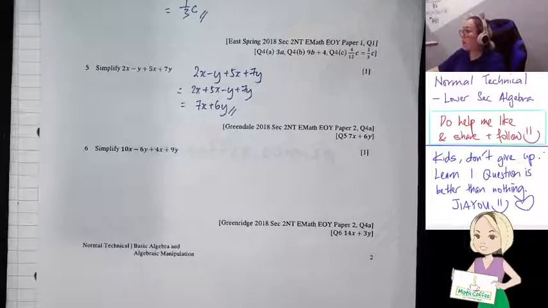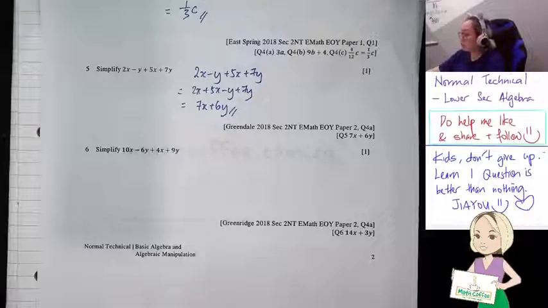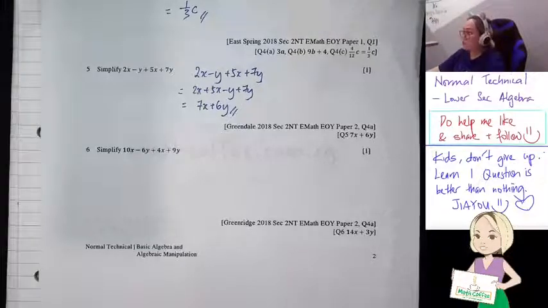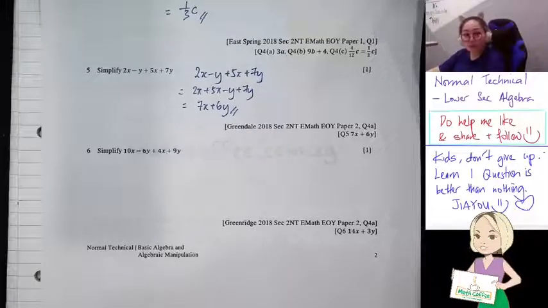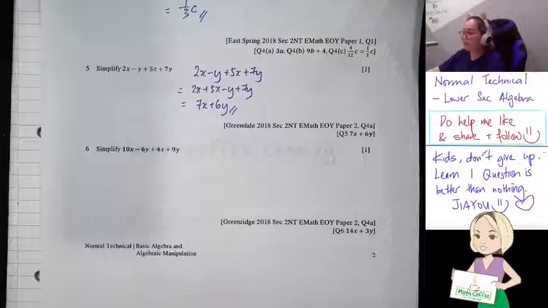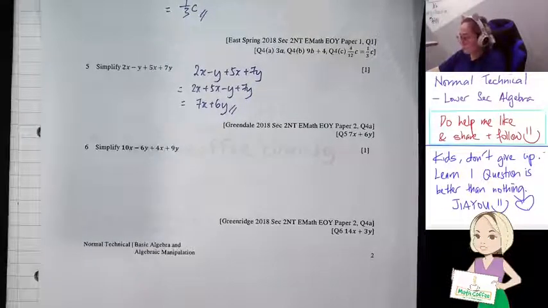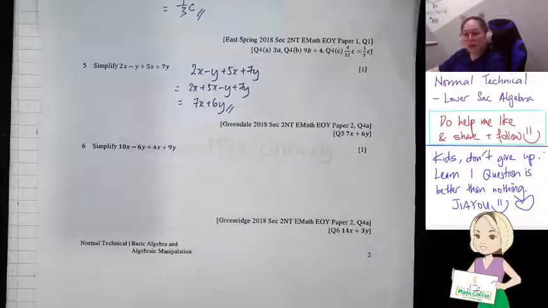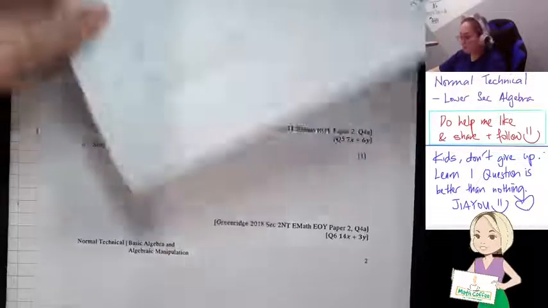So usually when I take in normal tech students, I do not have materials for them. My materials are all express and normal acad. But I also don't want to give up normal tech students, so I also want to help them. What I do is my team and I get questions from the past year normal tech papers, and from there we can guide the students. So I do my part to teach, you do your part to study well.